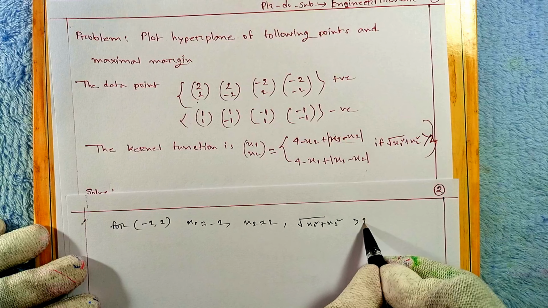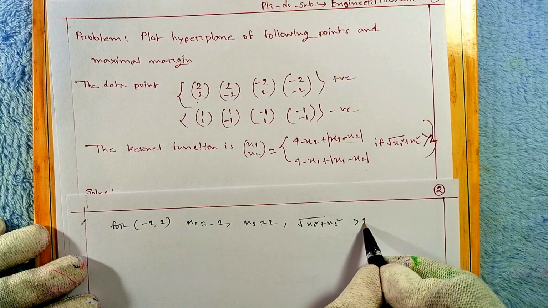So it will be root of 2 square plus 2 square, which is root 8. Okay, this condition is satisfied. So now we have to use this function. For the first equation, that is 4 minus x2 plus x1 minus x2: 4 is 4, we know the value of x2 is 2, so minus 2, and plus x1 which is 2, minus 2.